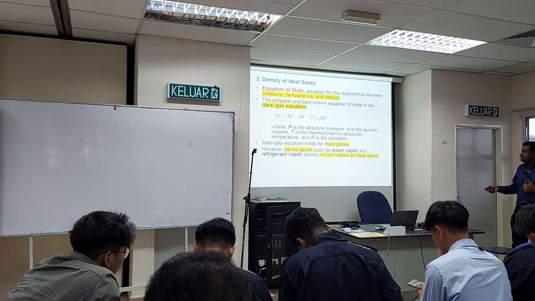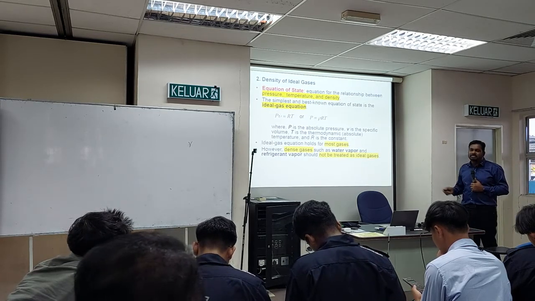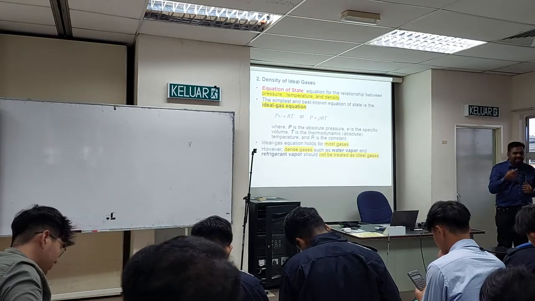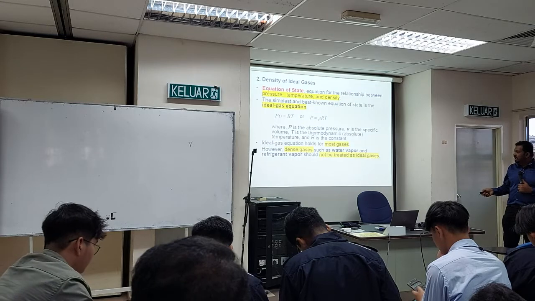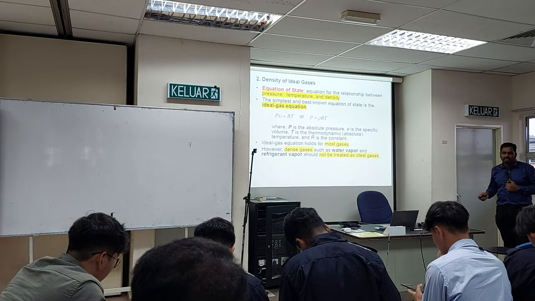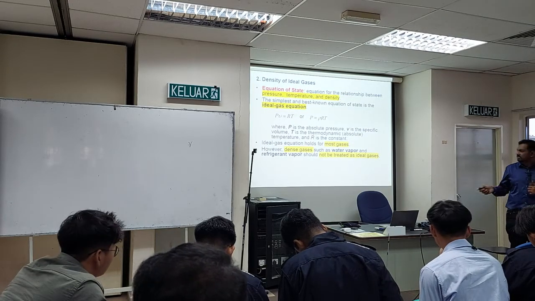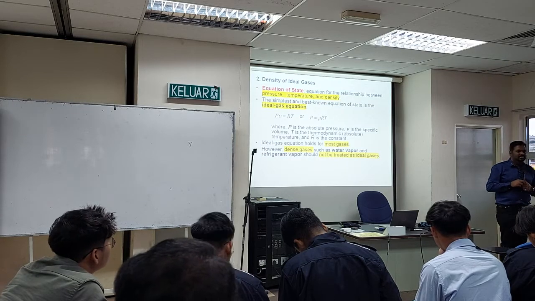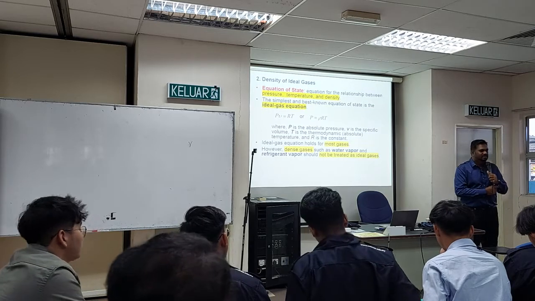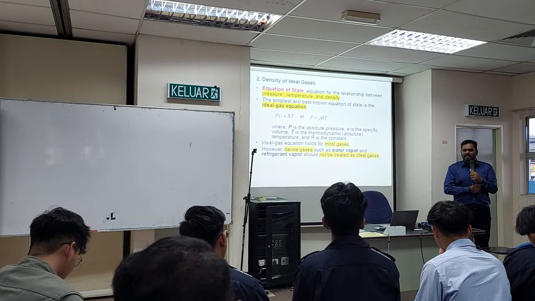Okay, ideal gas equation holds for most gases. So most gases listed under ideal gas category. Okay, so you boleh Google tengok, so what are the ideal gas? Okay, I letak dekat sini. However, dense gases such as water vapor and refrigerant vapor. Okay, so inside your aircon, you have refrigerant. Apa tu refrigerant? Yang ni pun ada jugalah soalan pernah keluar dulu. What is refrigerant? Bahan cecair penyejuk. Dalam aircon ada kan?